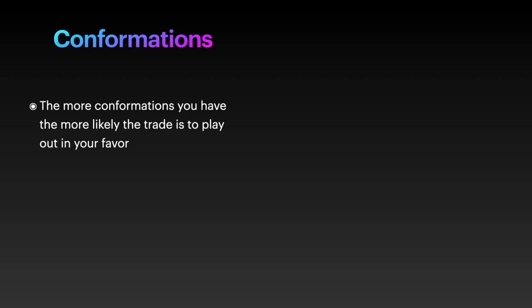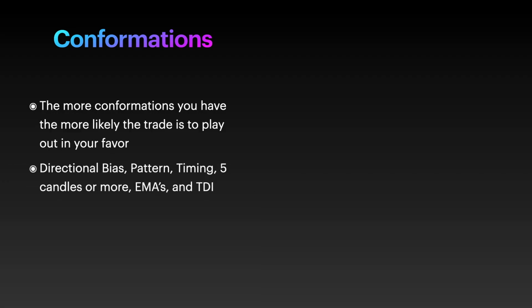The second leg gives you a railroad track. You get a pullback. Your directional bias is correct. These are all forms of helping you confirm the trade setup. The more of these that you have, essentially, the better you're going to be.